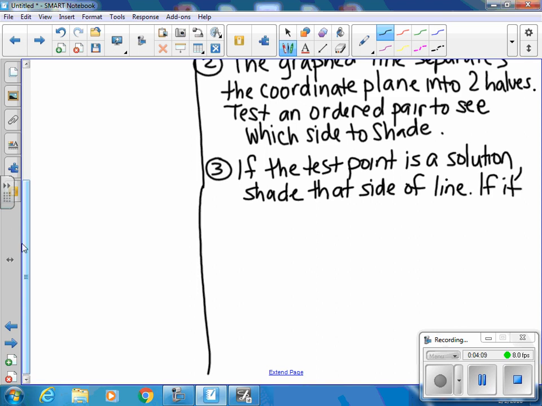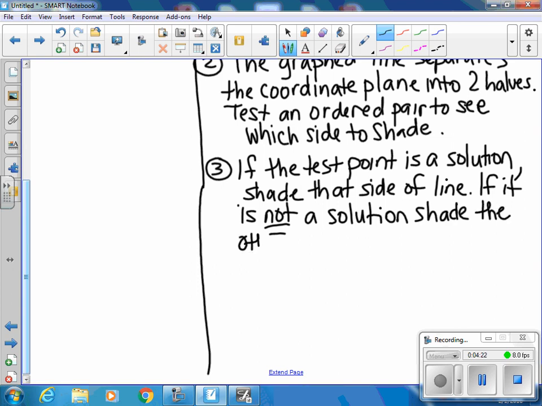If it is not a solution, shade the other side. This may not make a whole lot of sense to you until you physically see it being done. And I do have some other tricks that I can show you. I have a trick that involves your hands and knowing which side to shade that I can show you in person other than through this video.